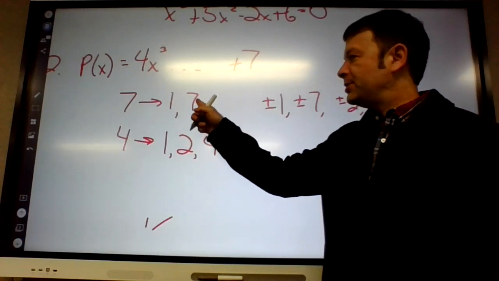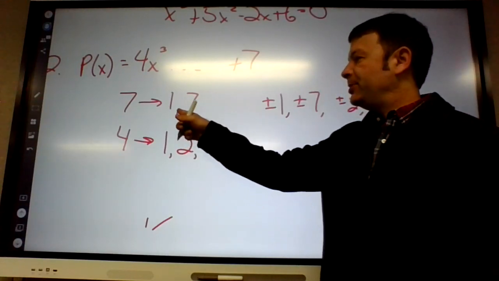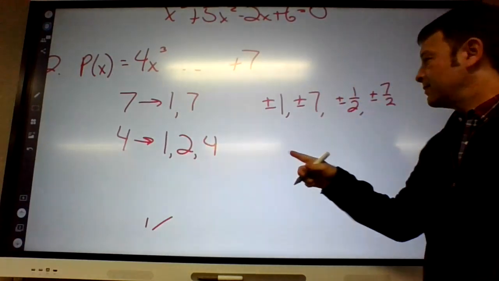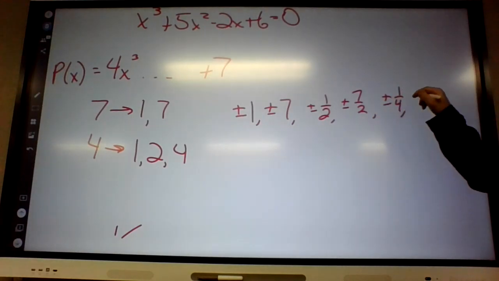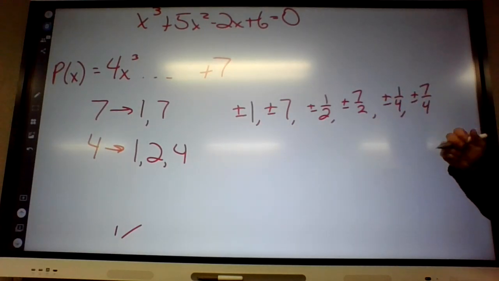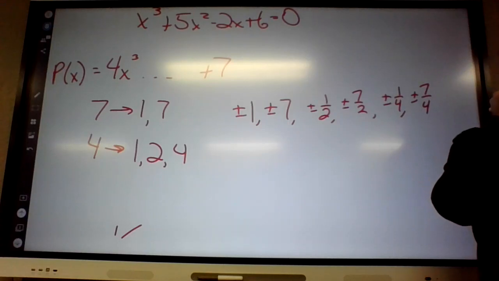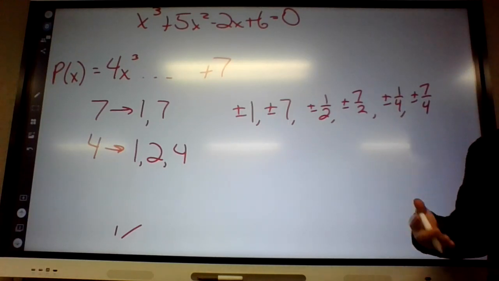It could be 1 over 2 and 7 over 2. And it could be 1 over 4 and 7 over 4. You guys see how that works? Yes. Just got to get all the possible combos.